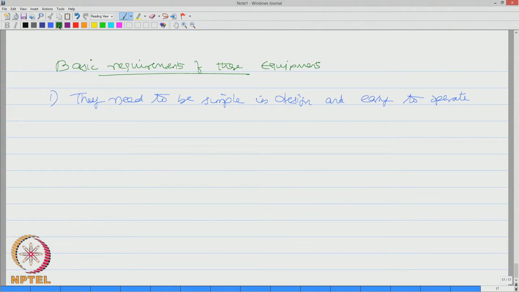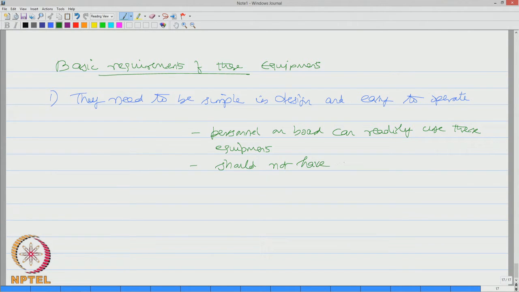Because personnel on board can readily use these equipments. These equipments should not have high end technologies to operate.